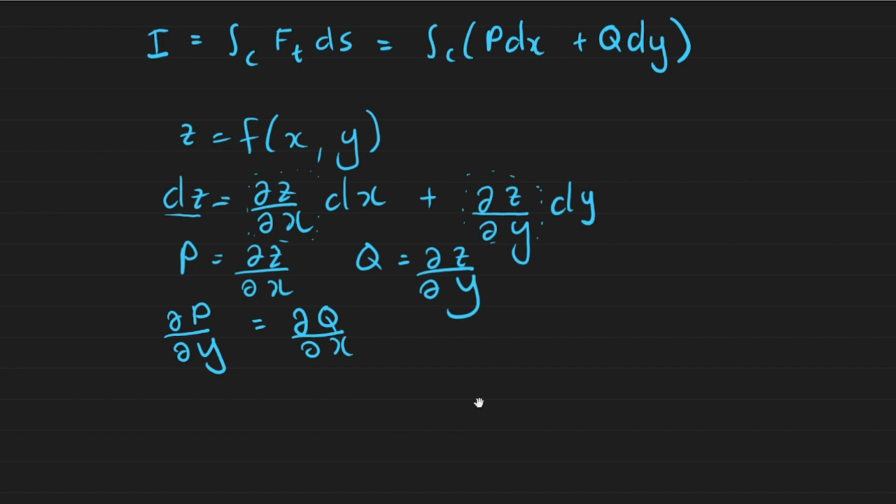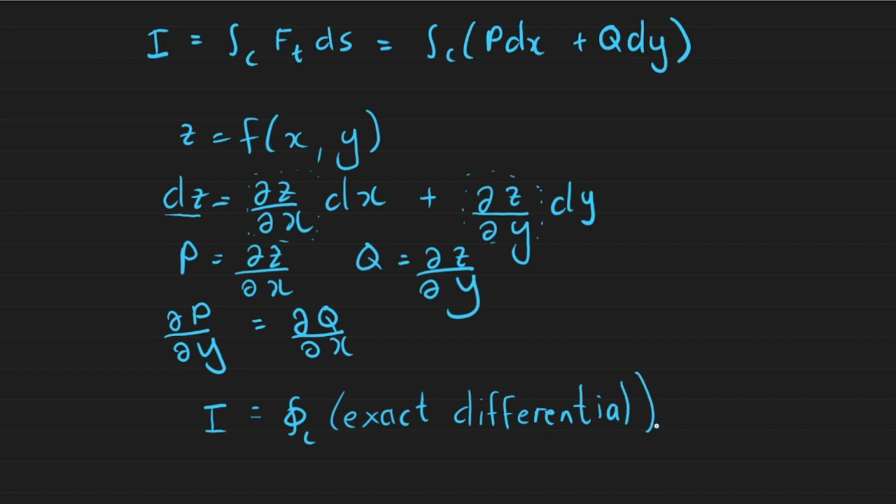When we take an integral over a closed boundary, remember when we put the circle in this integral sign, it means it's a closed boundary, when we take the integral around a closed boundary of an exact differential, we get 0. Literally, that is exactly what it means.